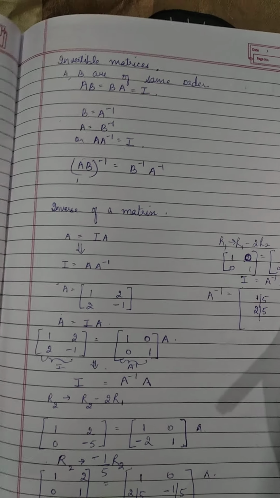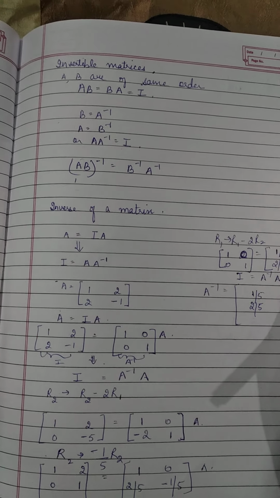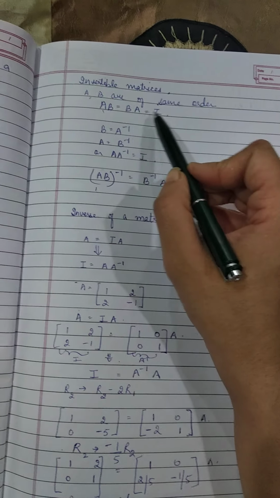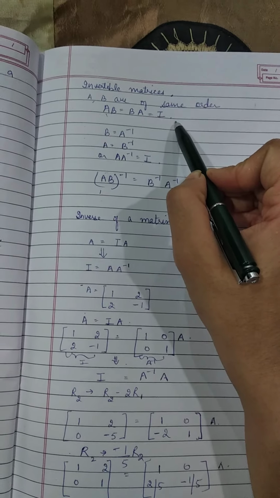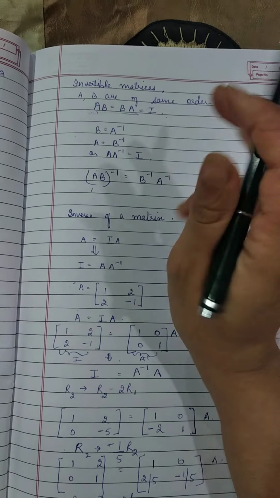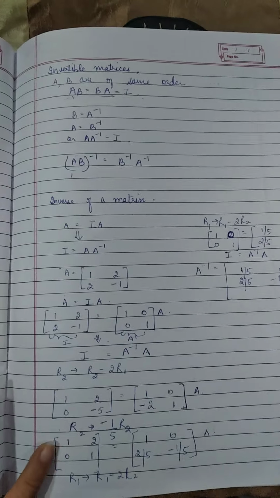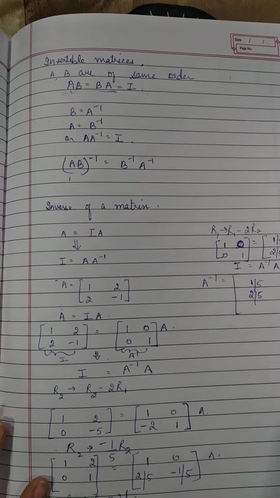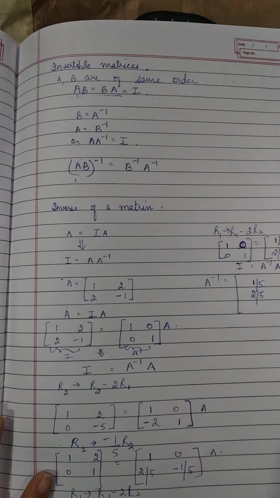Let us say A and B are two matrices of the same order such that AB is equal to BA and this is equal to an identity matrix. Usually we have studied that for square matrices AB is not equal to BA. In general, in the multiplication of matrices, AB is never equal to BA.